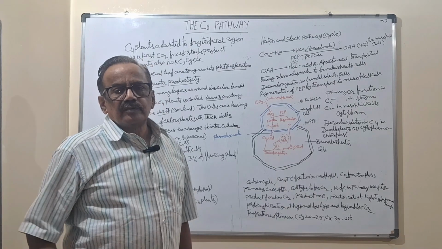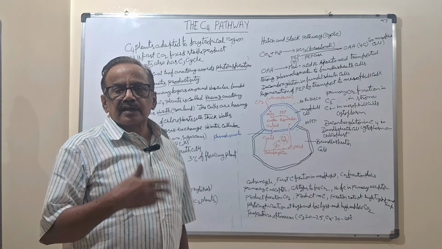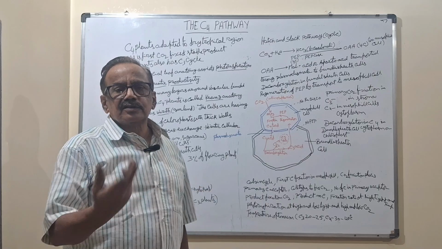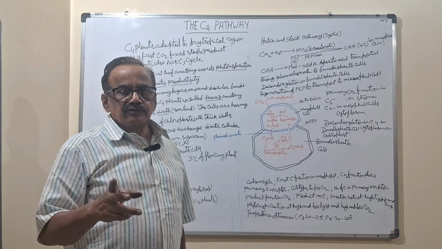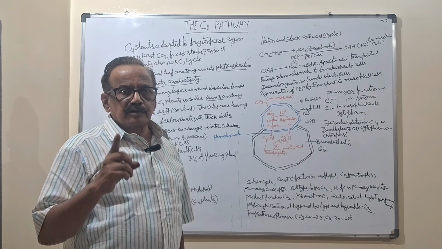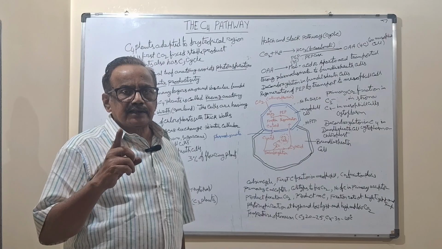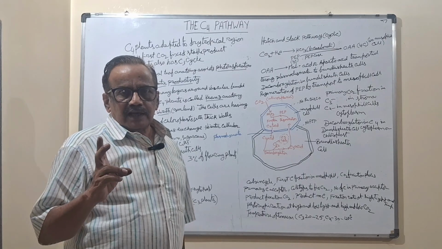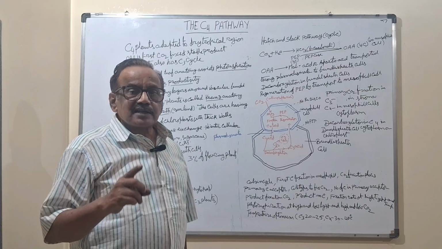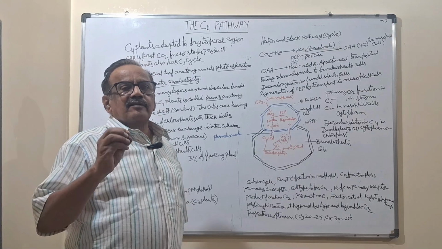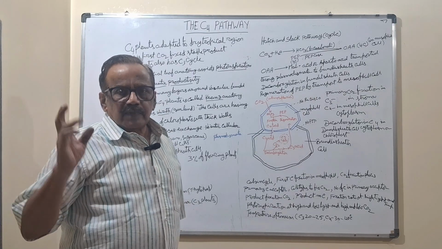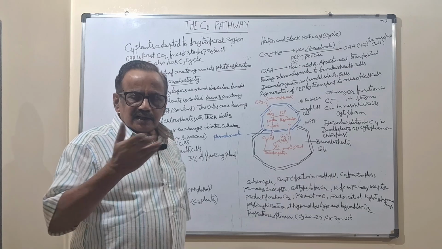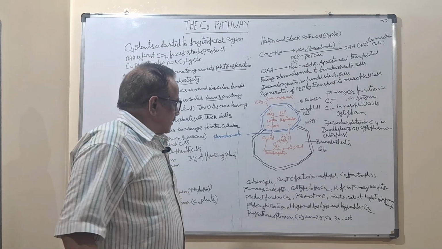So there is no photorespiration either in C3 or C4 at low light. C3 and C4 differ, remember it, only in high light and high temperature. At that time only, the C4 plants have the advantage. But it is only at midday, which I will discuss in detail in photorespiration.